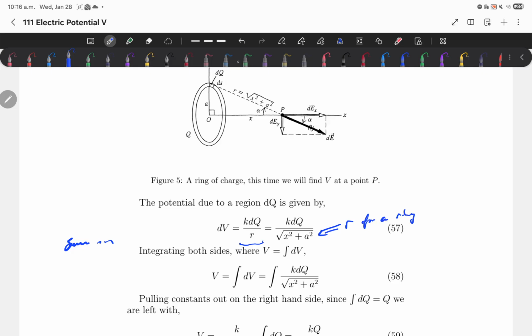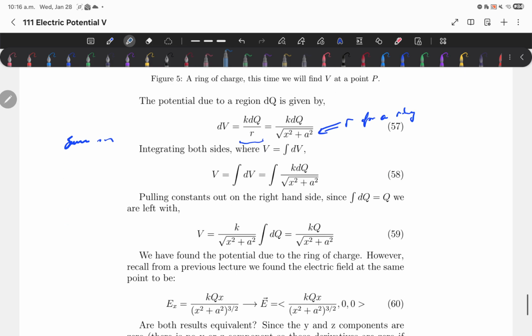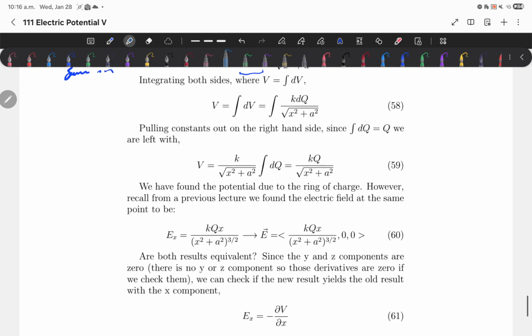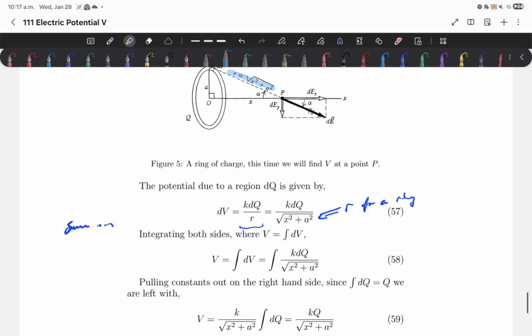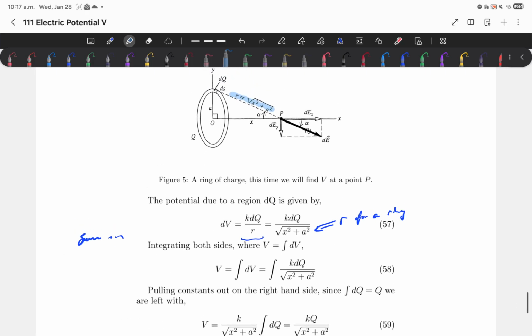So if we want to find the total potential, we integrate to add it all up. Think back, I'm just going to remind you, when we did this problem before, everything in the integrand was a constant. K was a constant, and this distance was a constant. Because if you center a ring on an axis, the distance to the axis from every point on the ring is a constant.